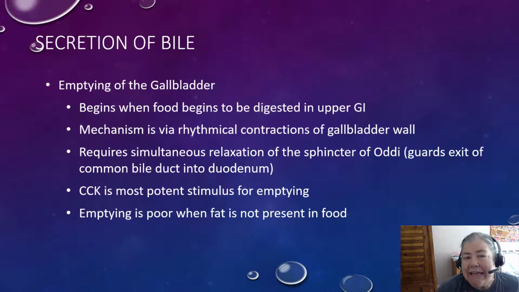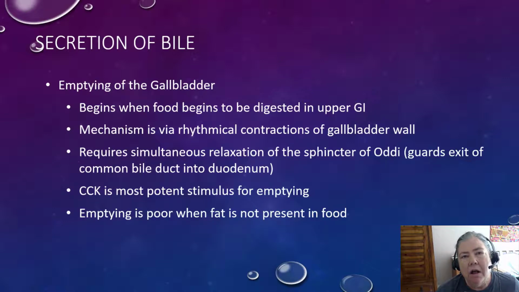When we eat and food enters the upper GI tract, the stomach, and eventually gets to the pylorus and is ejected into the first part of the duodenum, the gallbladder empties. If you remember, cholecystokinin is a hormone made in a couple places, one of the main places being cells in the upper duodenum.